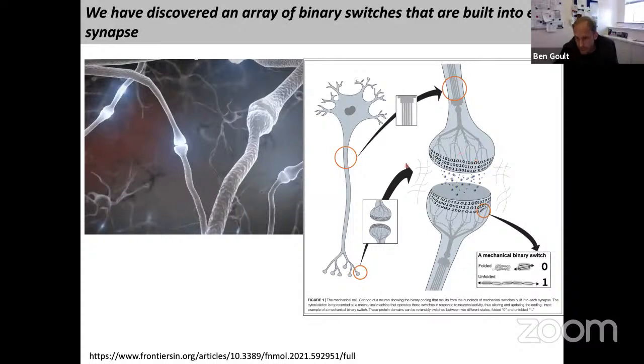And built into that scaffolding, there's a network of proteins which are mechanosensitive, which contain these mechanical binary switches. So what I'd like to do is outline how we've got to this realization that there are switches in the synapses, and what the implications of having switches in the synapses could mean, and to lead to the slightly provocative idea that this might be a way that information can be stored in a binary format in the brain.